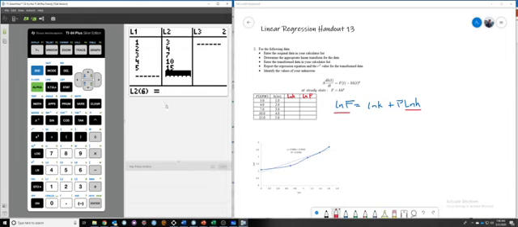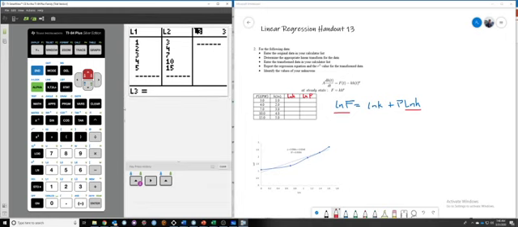To do that, all I'm going to do is go up over to L3, at the top of the calculator here, and like I showed you in previous videos, if I want to take the natural log of all of these values, I can simply do that to L3.